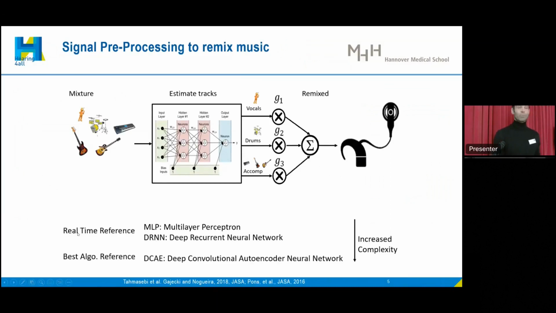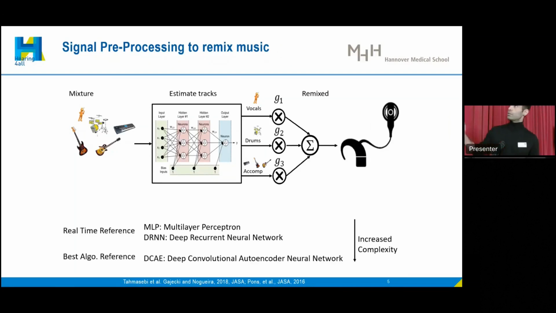The output of the source separation algorithm are the tracks within the mixture. After that, we can apply the desired gain, for example to the vocals, then remix and present that to cochlear implant users.